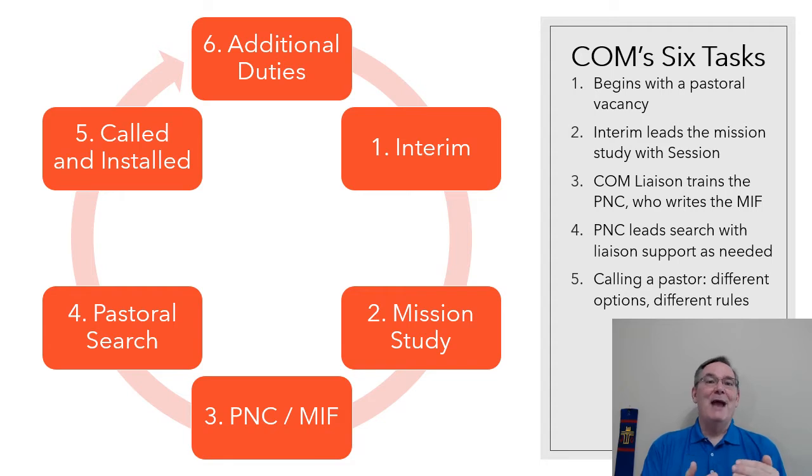And then they have the pastoral search, which leads to choosing and electing a pastor, and then installing that pastor, in most circumstances, as the pastor of the church. And then finally, the 6th category, we're going to look at a whole kind of laundry list of other tasks that are the responsibility of COM.